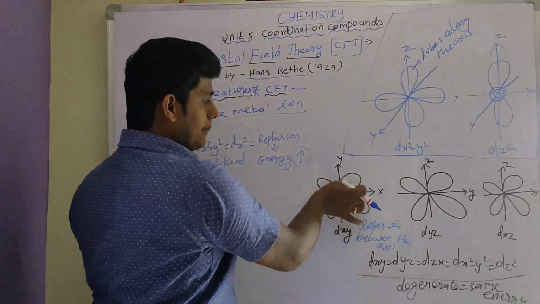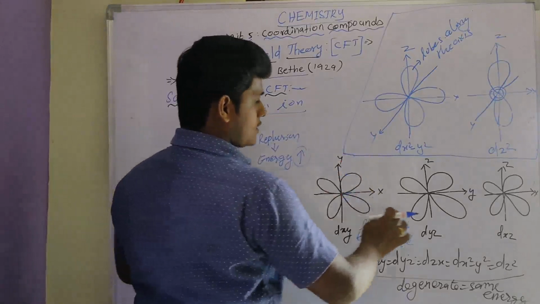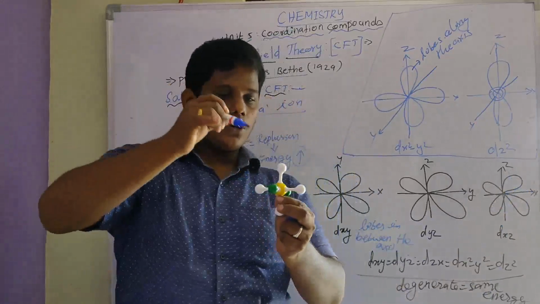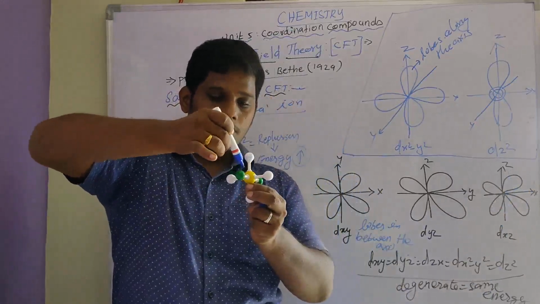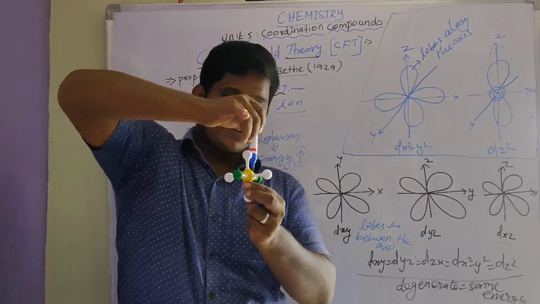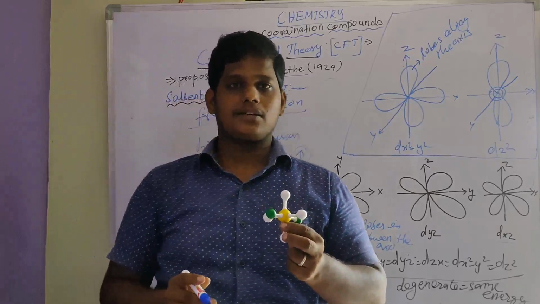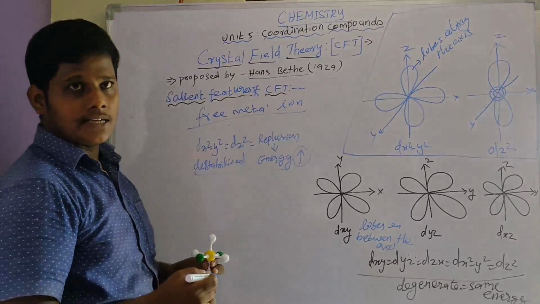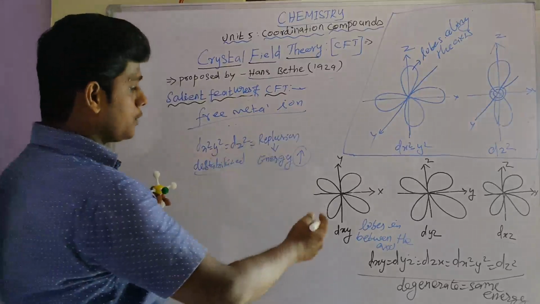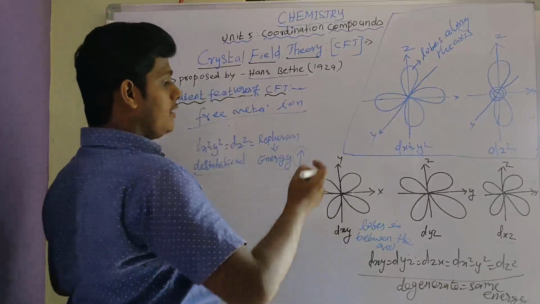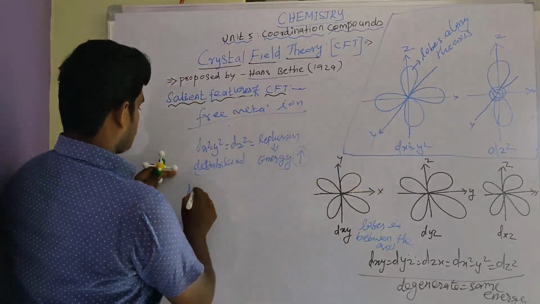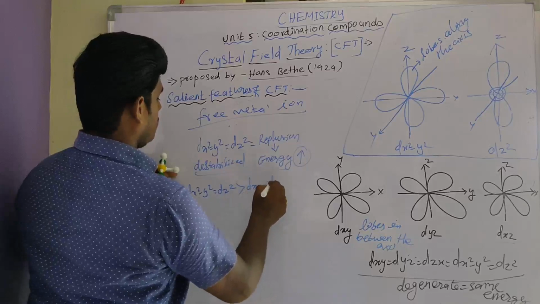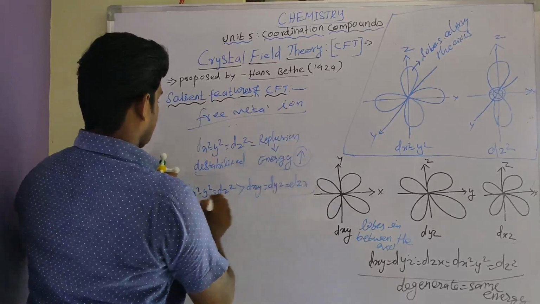So dx square minus y square and dz square are higher in energy than dxy, dyz and dzx.